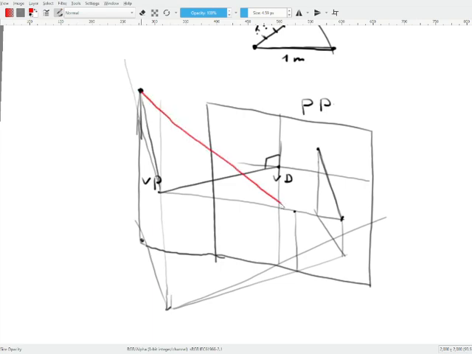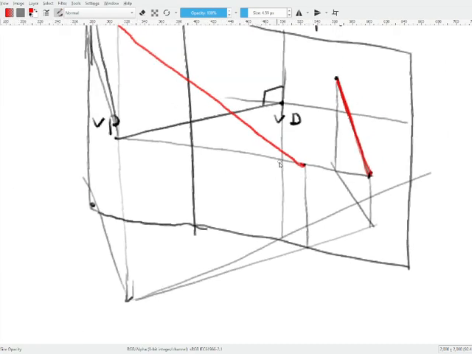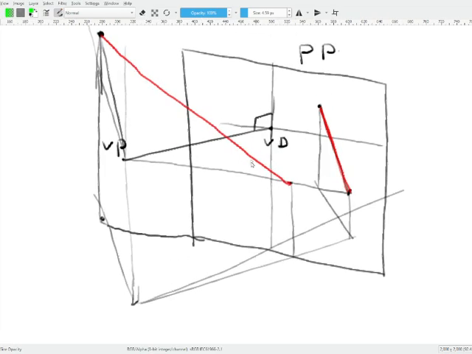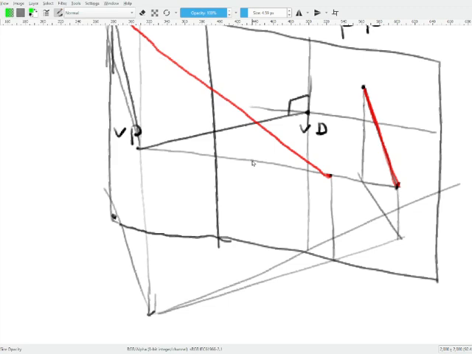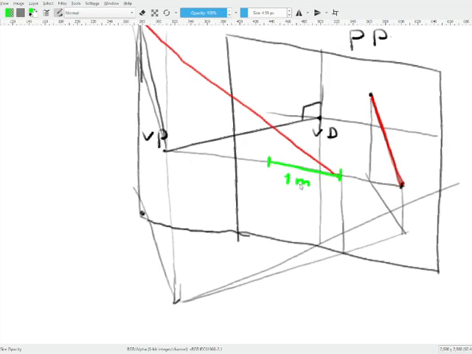We connect the vanishing point with the point of origin and we will get a projection. And now we can say that we will take this segment and say that it is 1 meter long.